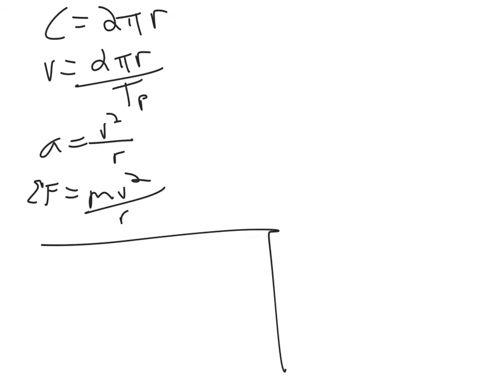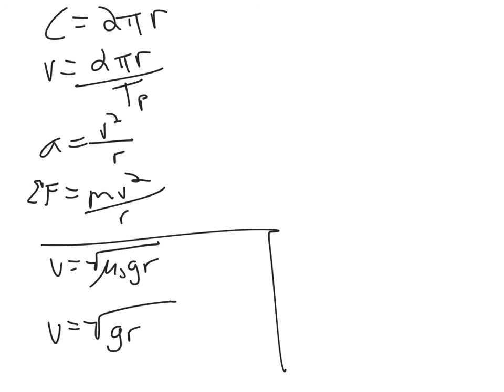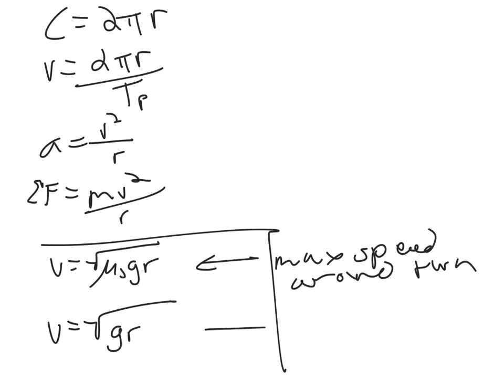Couple particular cases, we've got v equals the square root of mu sub s g r, and we've got v equals the square root of just g r. This is the max speed around a turn. And on the bottom here, we've got the minimum speed at the top of a loop.